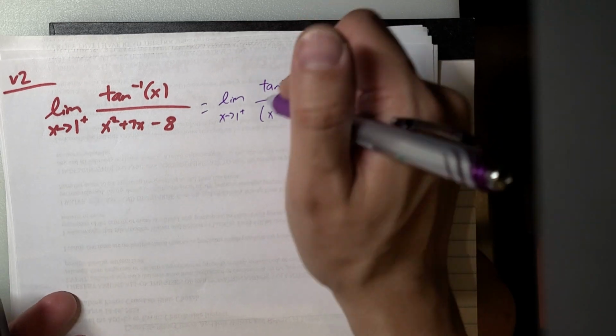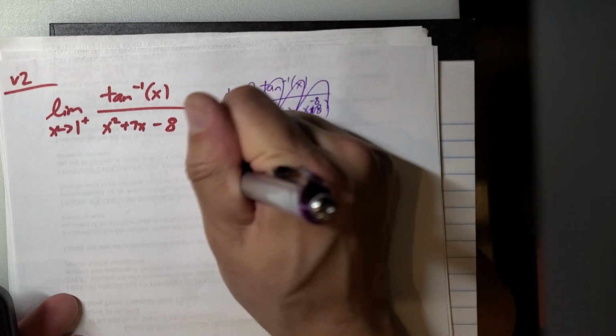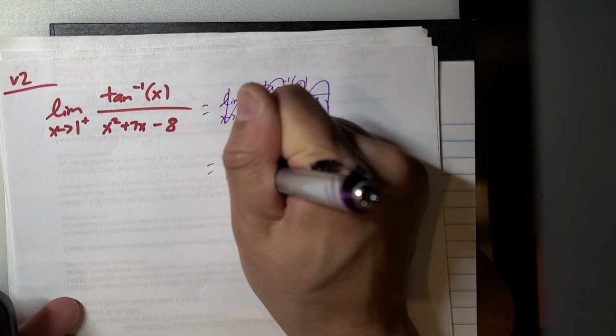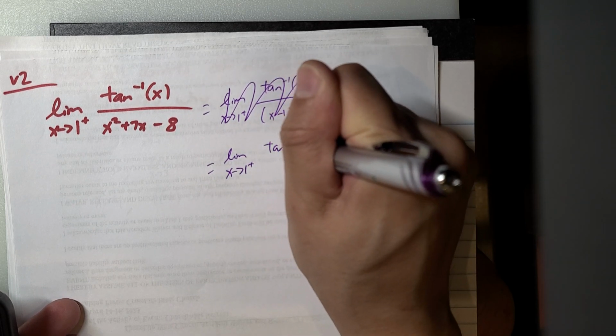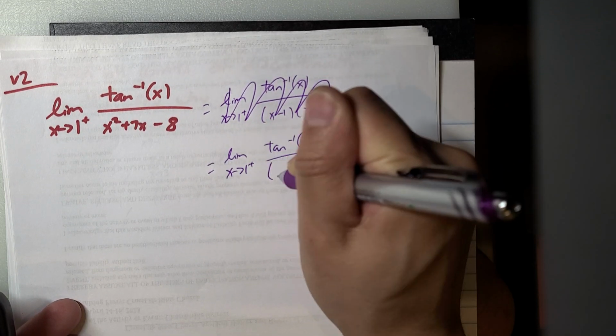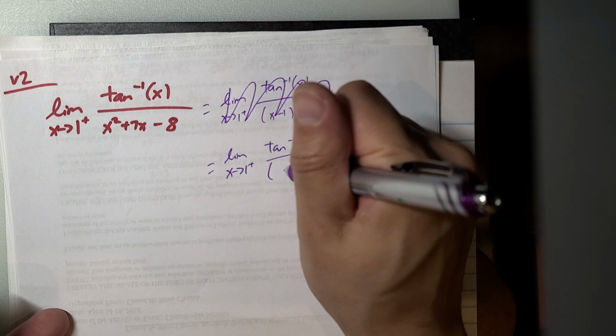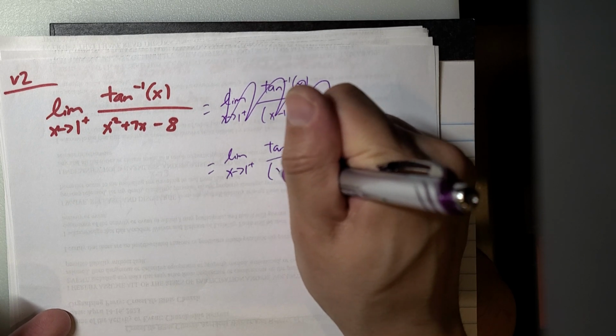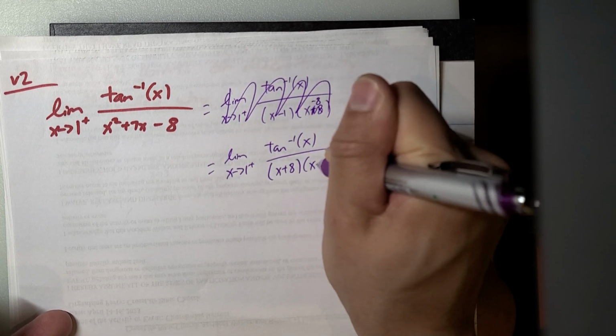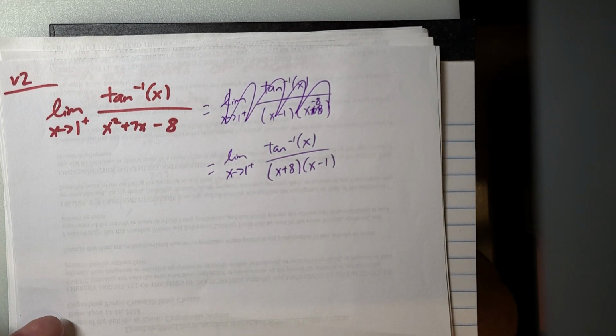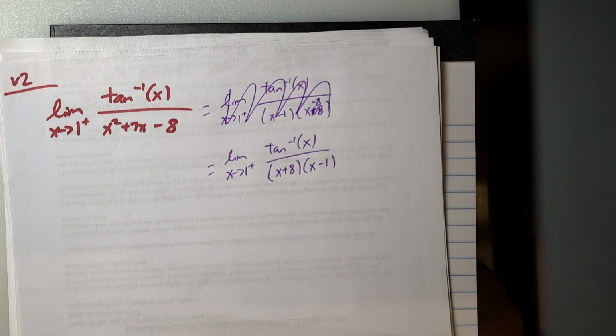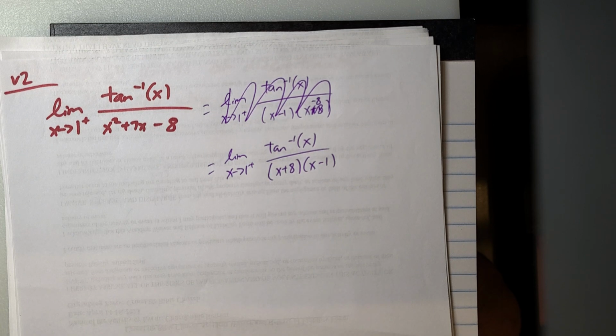Okay, I did write it correctly, so I just factored it wrong. The limit as x goes to 1 from the right of arctan x over, if we factor it out, x plus 8 times x minus 1. There has to be x minus 1. Yes, that's right. Sorry about that.